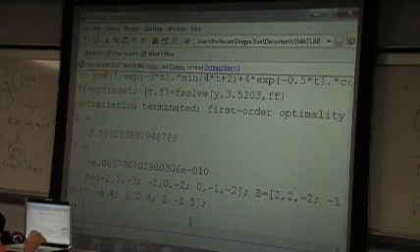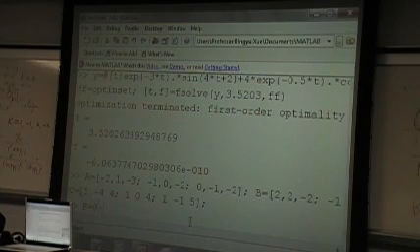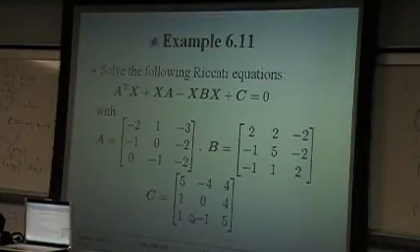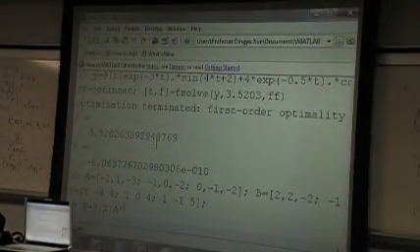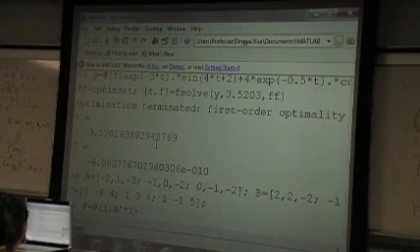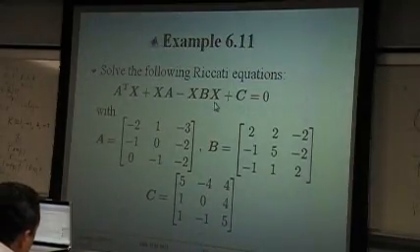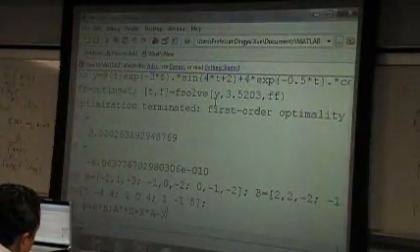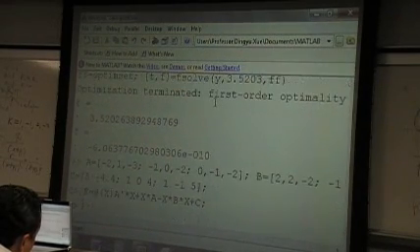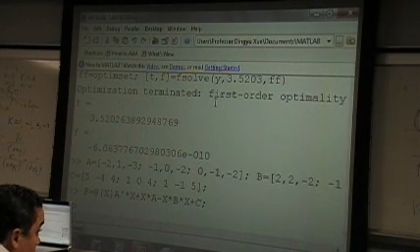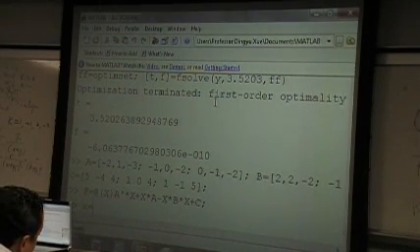And then for f equals to @x, go back to the standard form: A transpose times x plus x times A minus x times B times x plus C. So this is the form to describe the Riccati equation. And then we can find the solution to it.